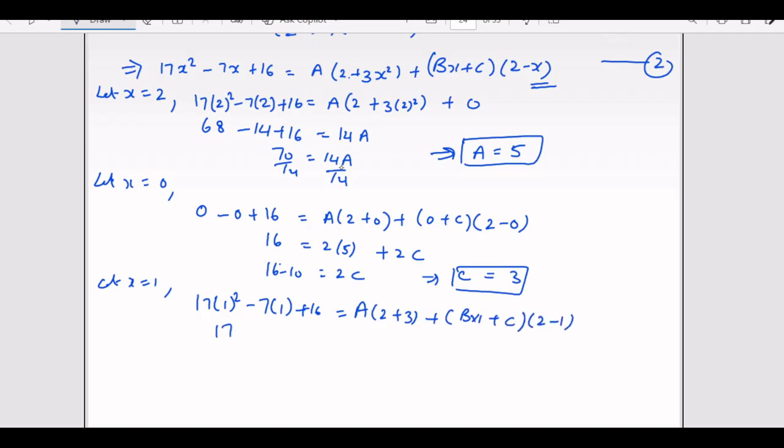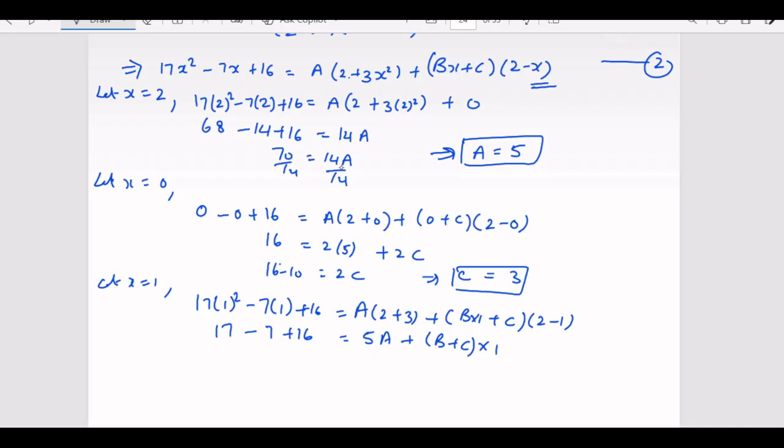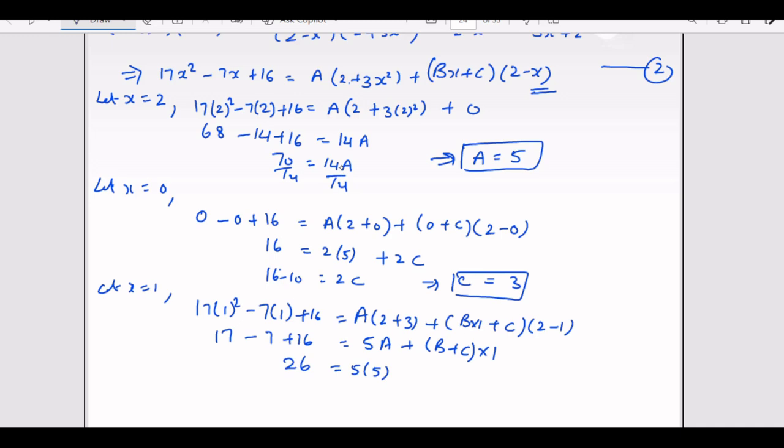So this is 17 minus 7 plus 16, which is 26, equals 5 times 5 plus B plus C. So 26 minus 25 equals B plus C. C is 3, so this gives us B equals 1 minus 3, that is negative 2.